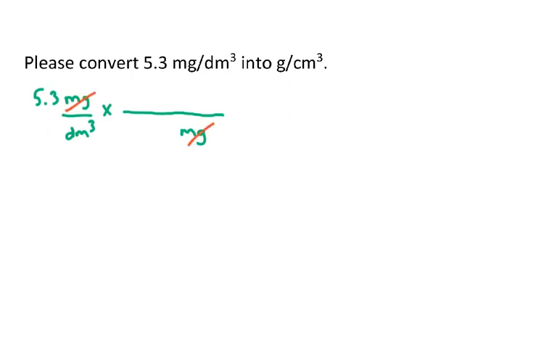Then, I put grams in the numerator because those are the units I want to convert into. 1 gram is equal to 1,000 milligrams. So 1 will go next to gram, and 1,000 goes next to milligrams.